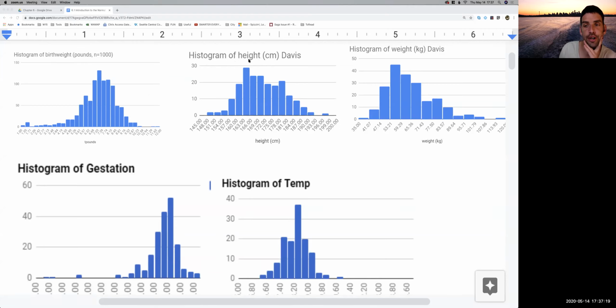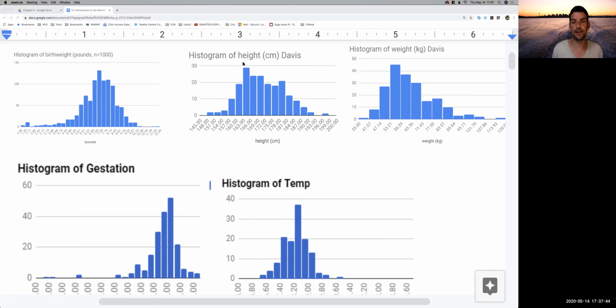We've got one of height in centimeters and kilograms of weight from a class at UC Davis. We've got some birth gestation periods and temperatures. So people did studies. They collected anywhere from 1,000 for this one. These other ones had a couple hundred data points, and just made these histograms, right?